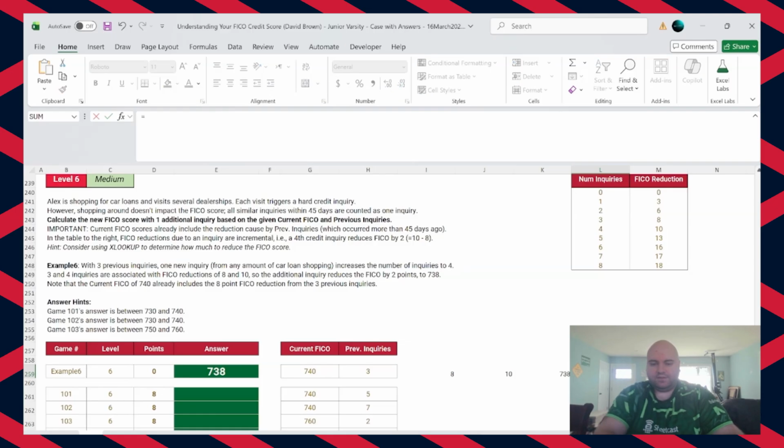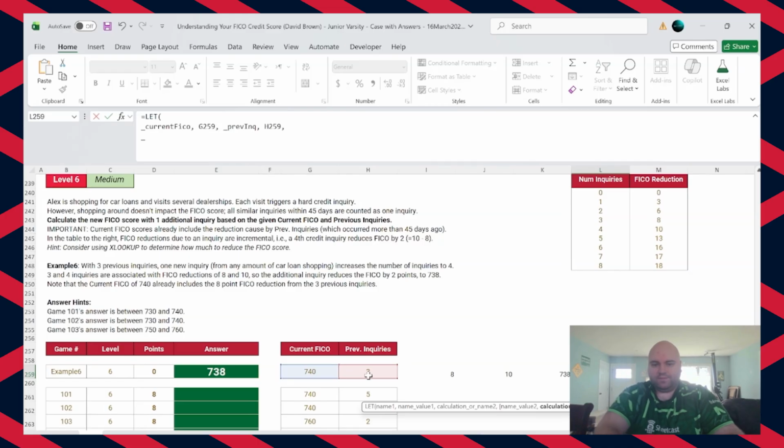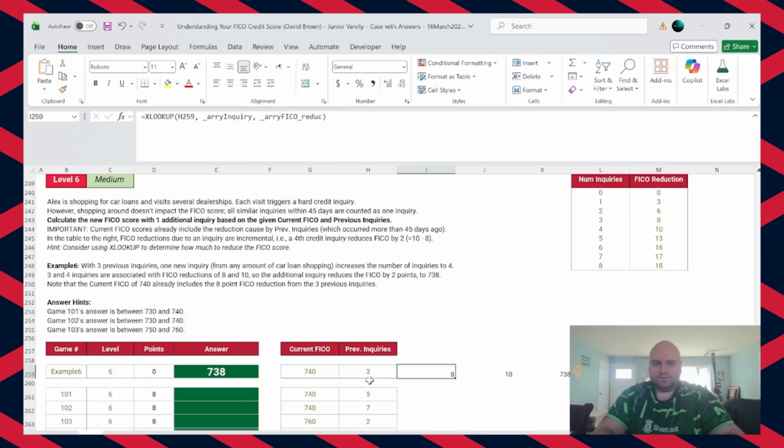To make everything cleaner, let's just put this in a LET formula. Equals LET, current FICO, prev inc. Here we go. Let's do, and then we already have the formula for the score, so let's just do ANS, comma, and just a temporary placeholder while I copy our values.